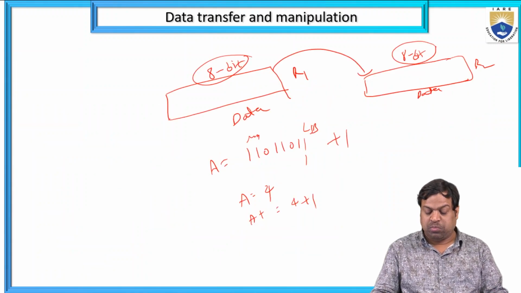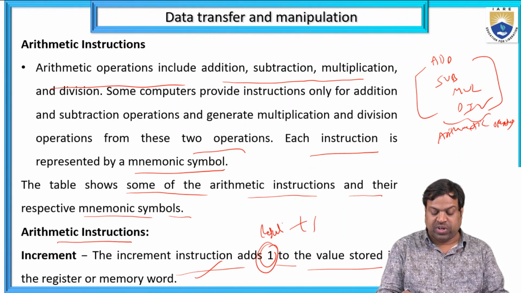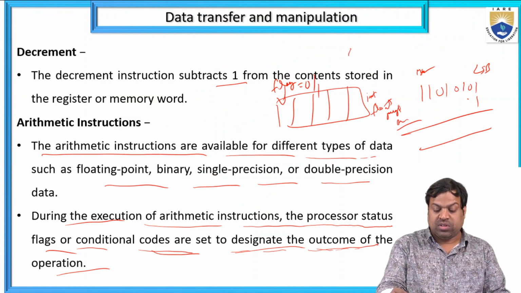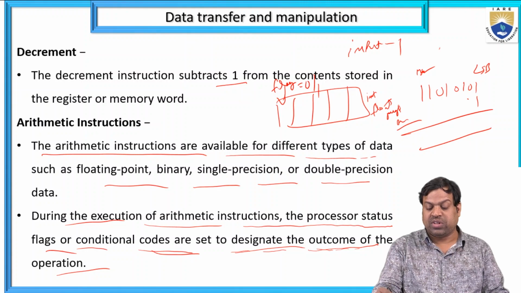Incrementing means we are adding +1 to the input value. Input +1. Decrement means we are going for input -1. So I am taking one register R1, then R1 -1, like this.